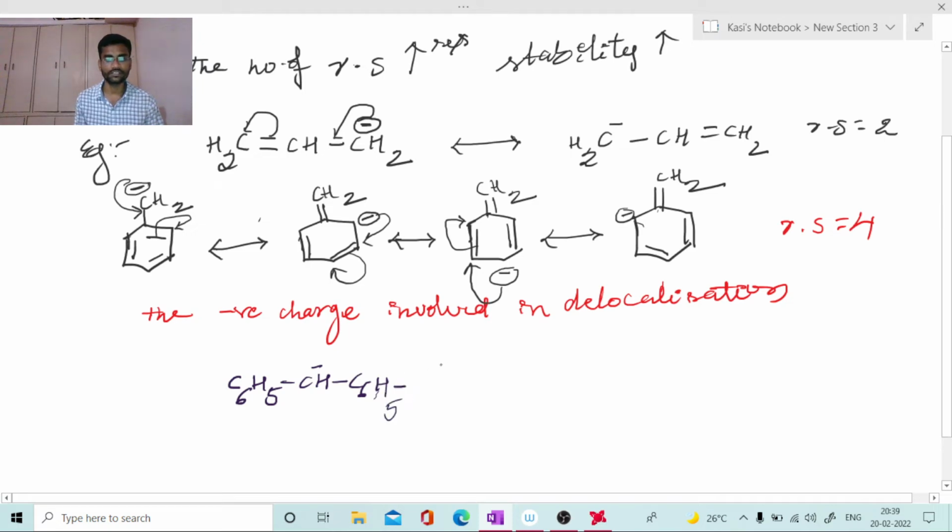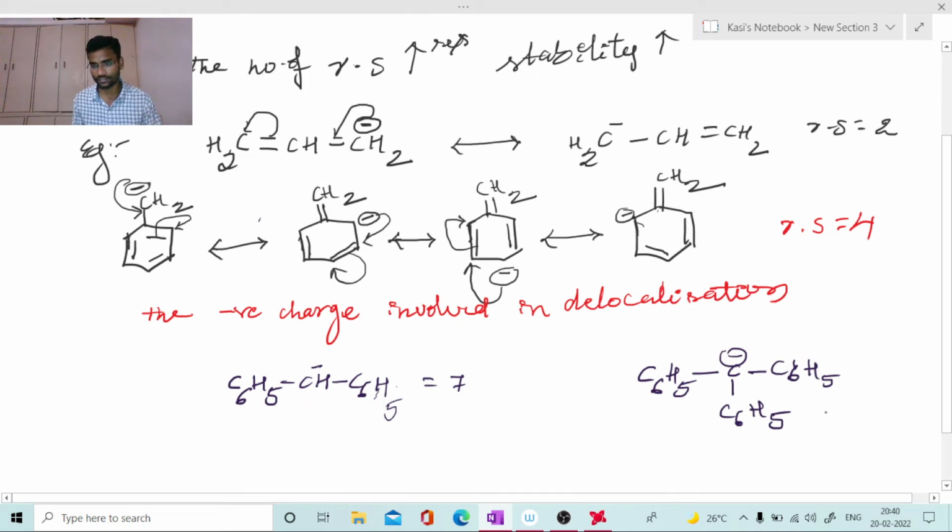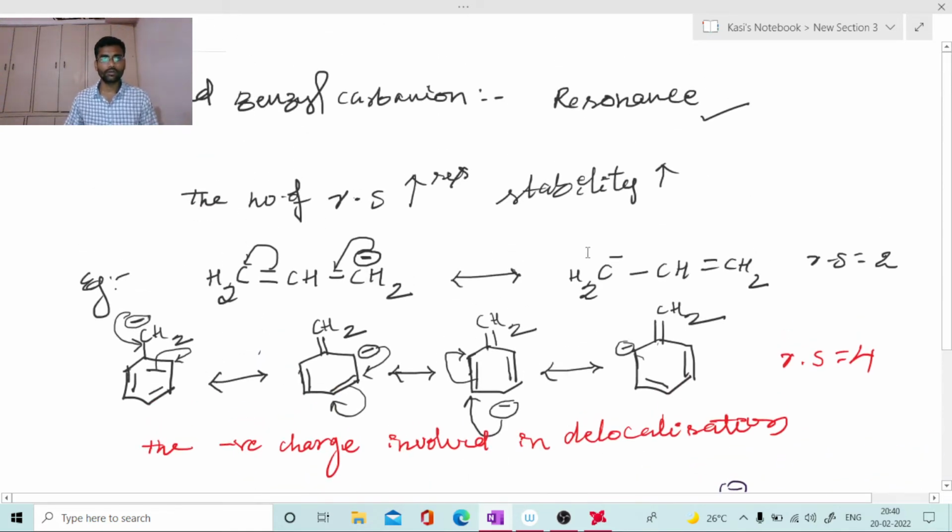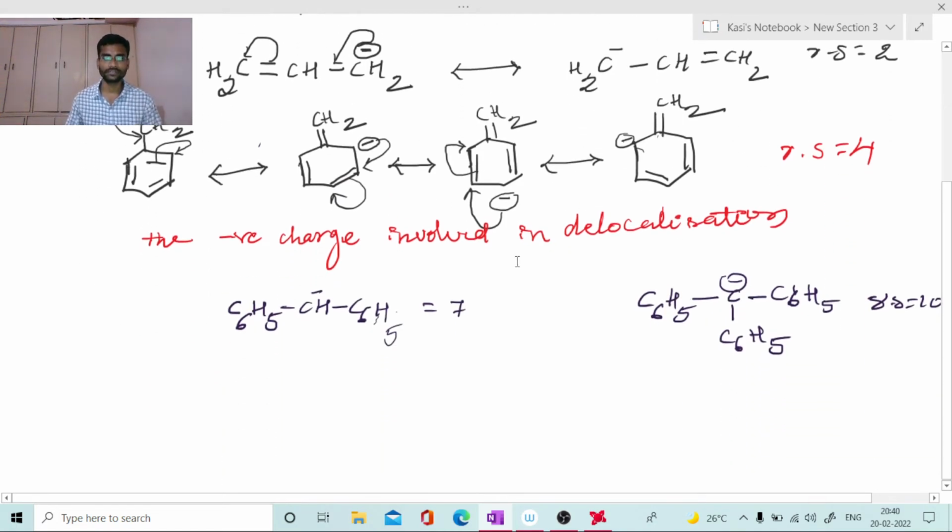How many resonating structures does this one contain? Seven resonating structures are possible for this one. Now we take the triphenyl carbanion, which can form 10 resonating structures. From all this, as we already discussed, the more the number of resonating structures, the more the stability increases.